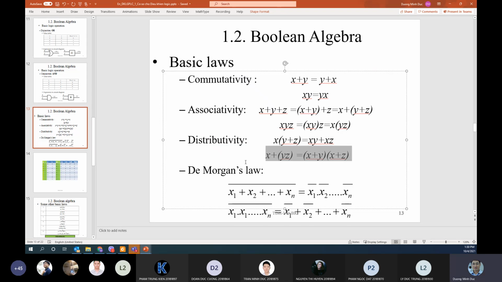Actually, there is a property I will mention to you later about this. So these are the three basic laws for Boolean algebra. There are some other laws, but they are not so interesting to us.